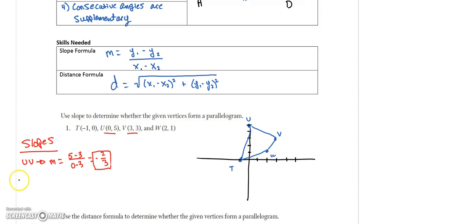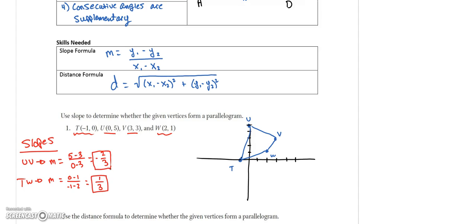Now let's check TW. I like to check two of them that are across from each other so you can see right away if there's a chance of it being a parallelogram. So now let's check T and W. 0 minus 1 over negative 1 minus 2, and we get negative 1 over negative 3, which becomes positive 1/3.